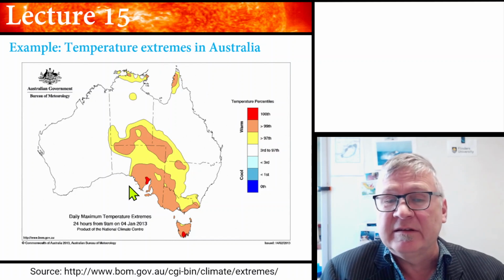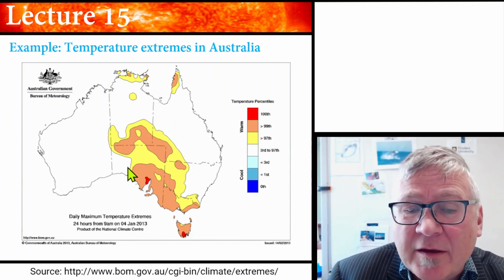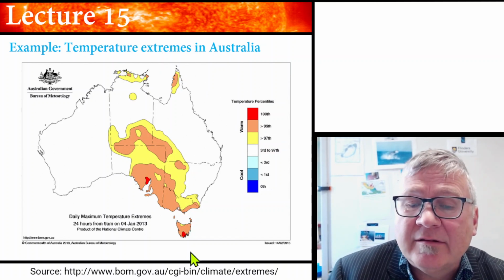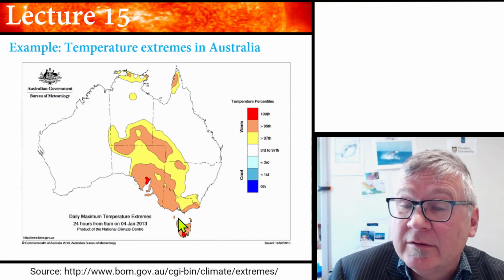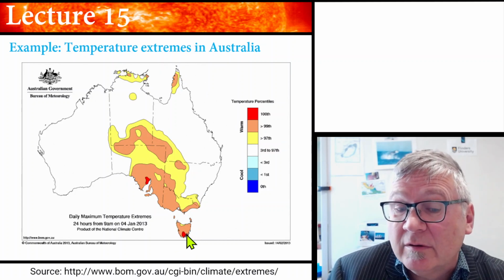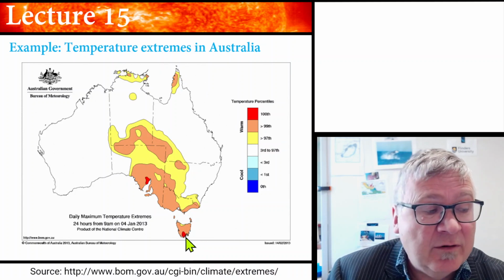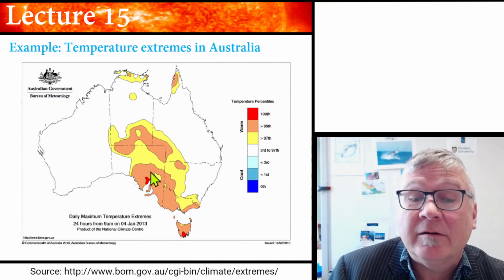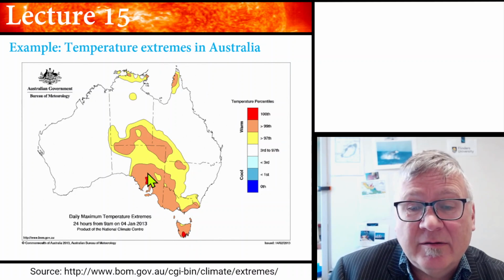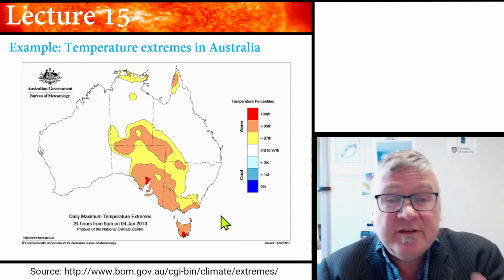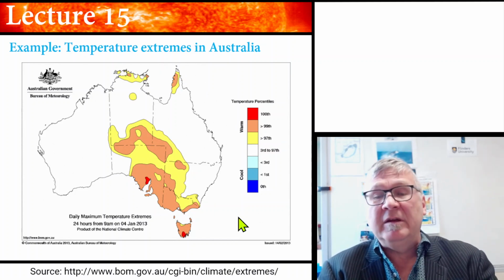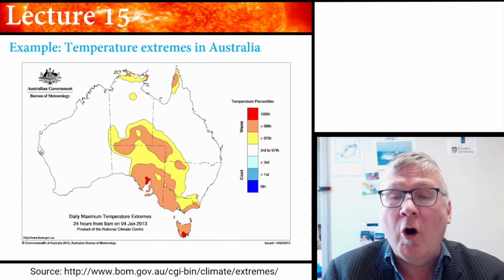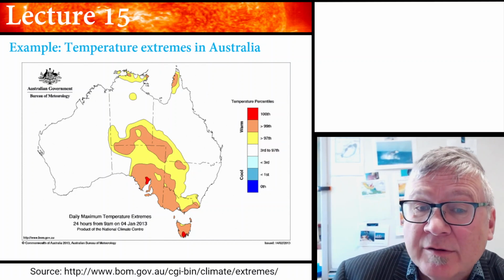So you get these very extreme heat waves over most of South Australia and Victoria and Tasmania, and extremely hot in parts of Tasmania and near Whyalla on the Eyre Peninsula in this area. So from this alone, you can see that this is an extremely rare case of an extremely warm condition in Australia.